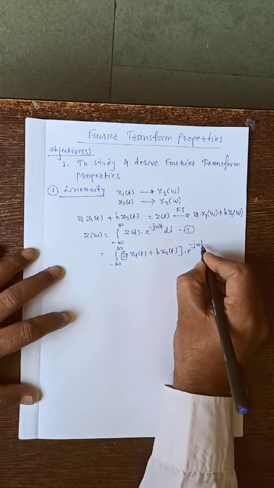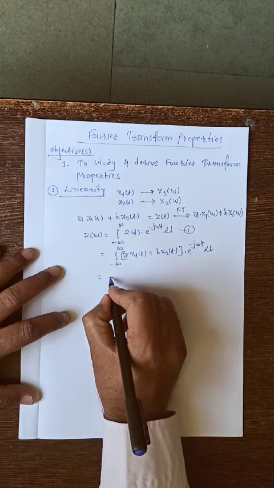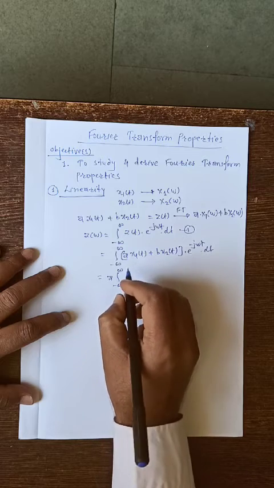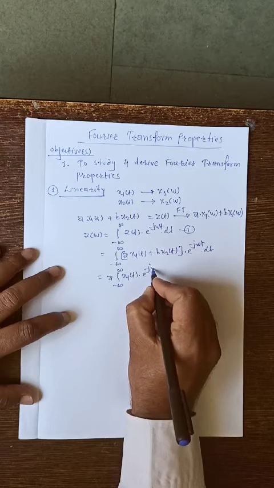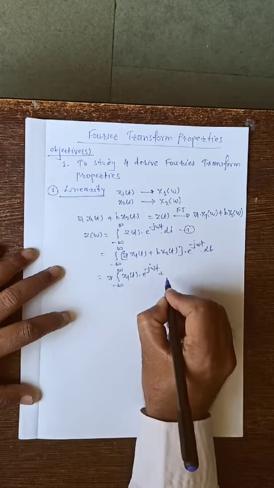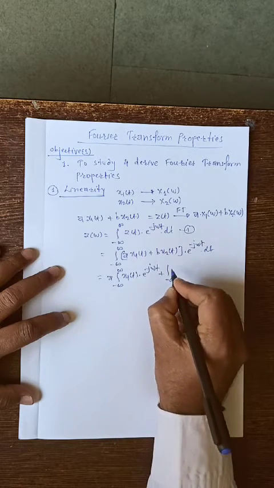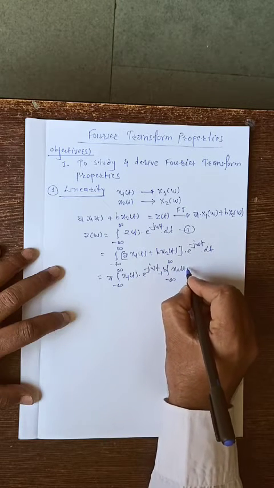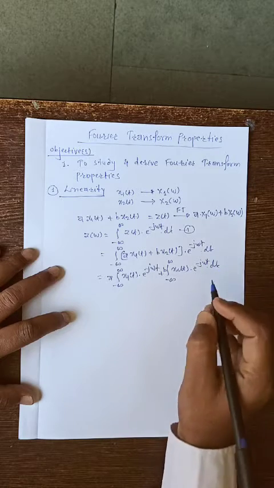Put the values: integral from minus infinity to plus infinity, where z(t) is equal to a x1(t) plus b x2(t), into e^(-j omega t) dt. We can take a outside as it is a constant, the integral from minus infinity to plus infinity of x1(t) e^(-j omega t) dt, and we can take b outside, the integral of x2(t) e^(-j omega t) dt.